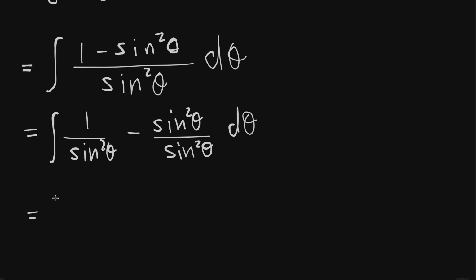Now 1 over sine squared theta is equal to cosecant squared of theta.